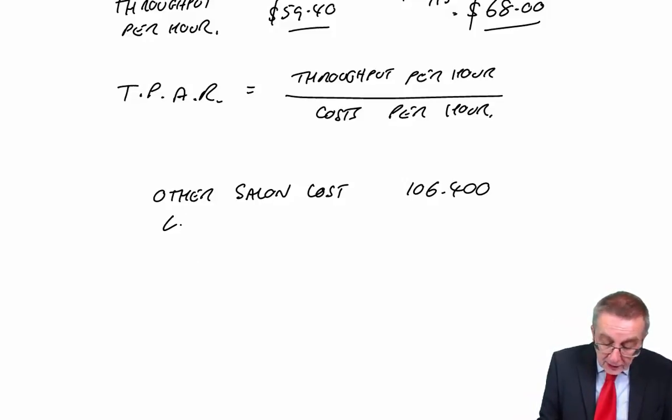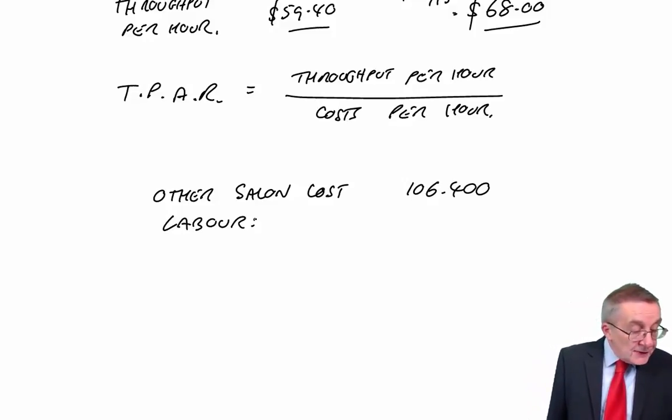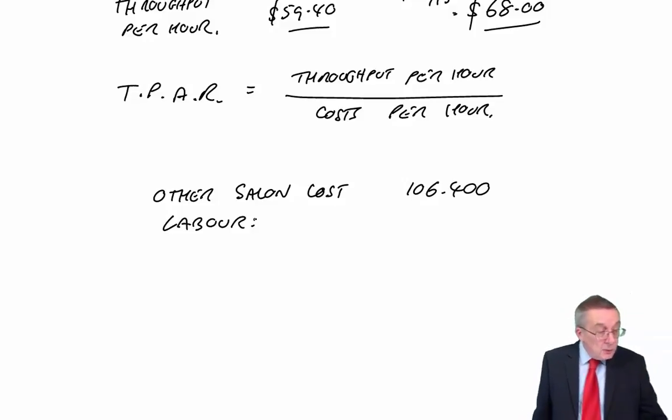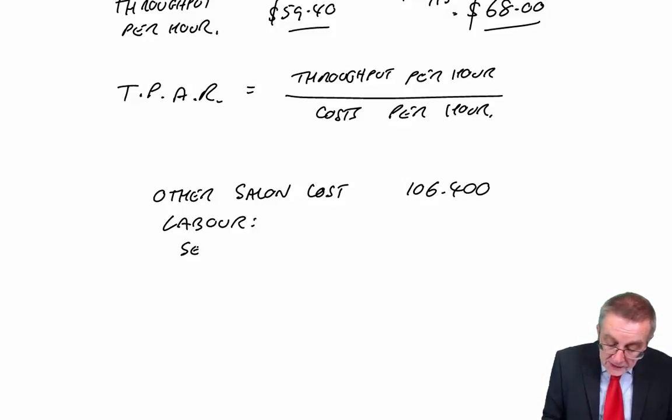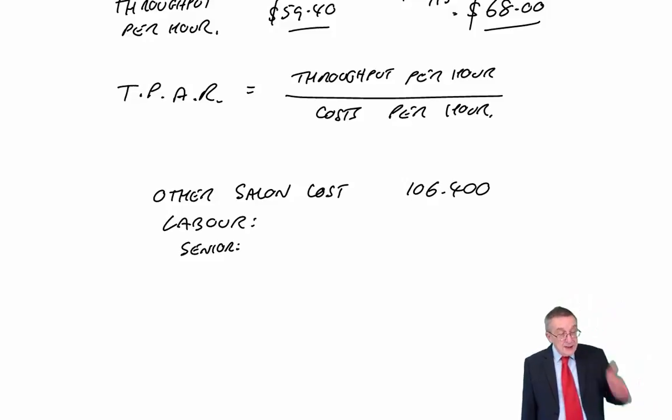But we do have the cost of the labour, which is the stylists themselves. We've got these senior stylists, assistants and junior, and we talk what the wages are. So senior. Now here the wording is bad, and so the examiner, if you look at the answer, does allow it to be read either way.